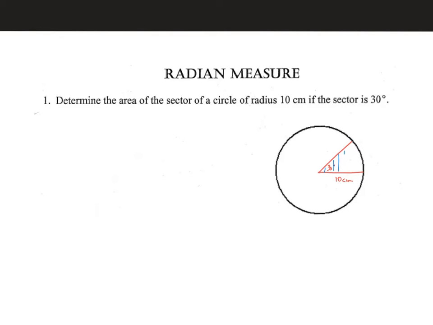So if that sector was shaded in, how many centimeters squared would that sector take up? So that's what the question is asking. If you feel comfortable to give it a shot, then pause the video and jump in. Otherwise, we're going to walk through this one together.